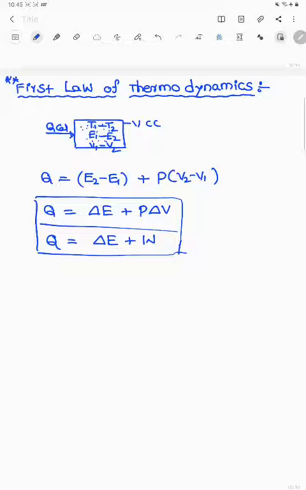According to the first law, the supplied energy Q increases the internal energy as well as the work done by the system, that is Q equals E2 minus E1 plus P into V2 minus V1. That implies Q equals delta E plus P delta V, or Q equals delta E plus W, which is the mathematical expression of the first law of thermodynamics.